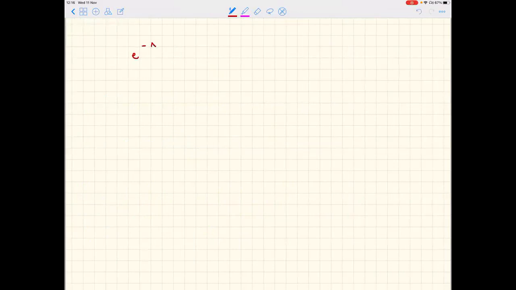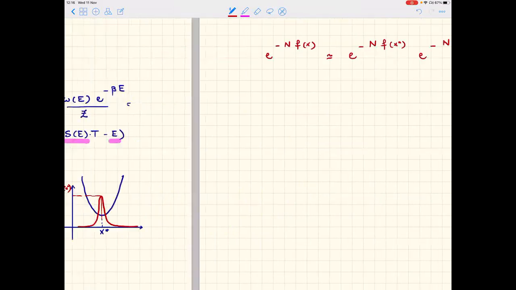E to the minus n f of x is going to be approximately e to the minus n f of x star times e to the minus n f double prime of x star divided by 2 times x minus x star squared.